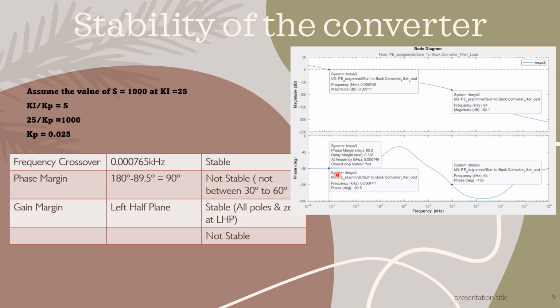That is so small, but the phase margin is 89.5. So we get the phase margin is 90, so it's not stable. But all of the zeros and poles for this are at the left of the plane, but it's still not stable because of the phase margin.